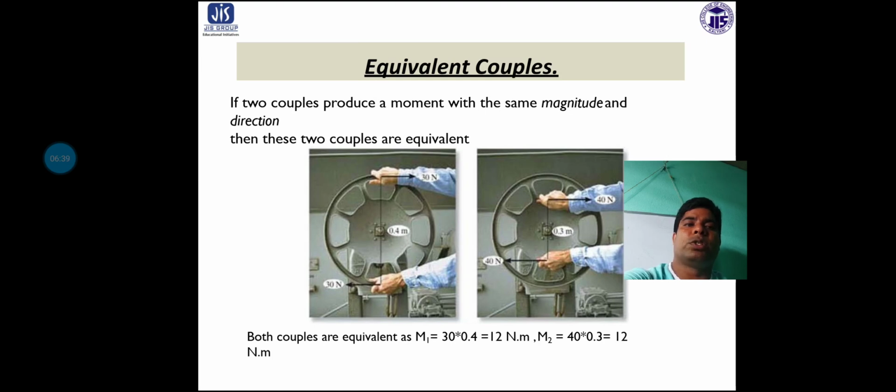In the second case, 40 times 0.3, that is 12 Newton meter. If the distance changes, the force will obviously change, but the magnitude and direction of the moment remain the same, and this type of couple is called an equivalent couple.